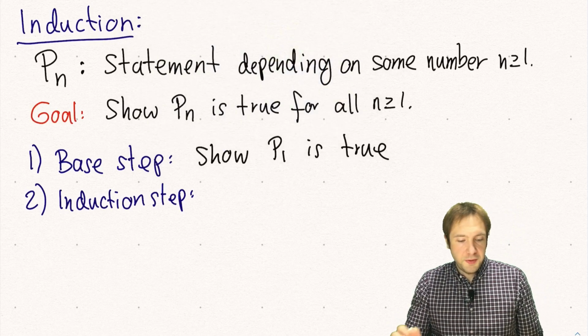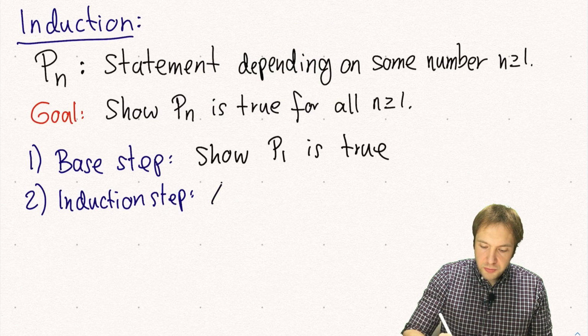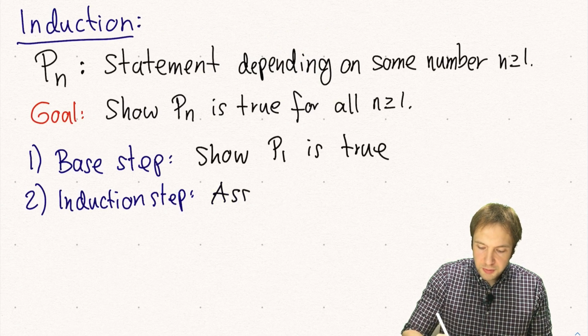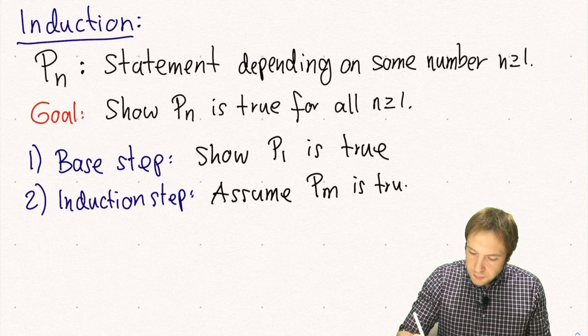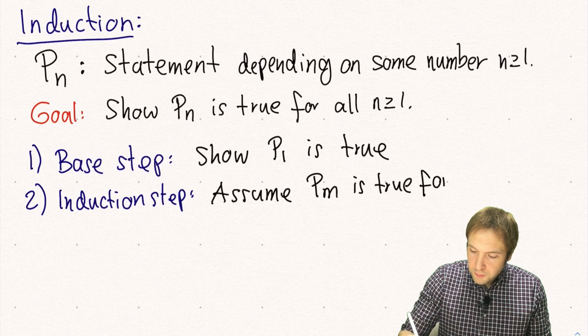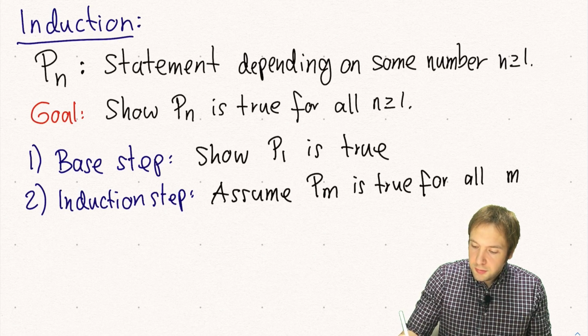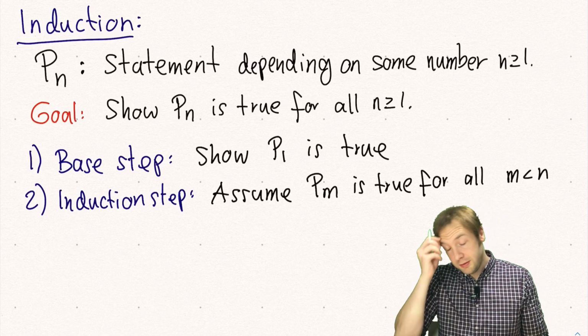Where you assume that this Pn is already true for some m. So assume Pm is true for all m strictly smaller than a fixed n.